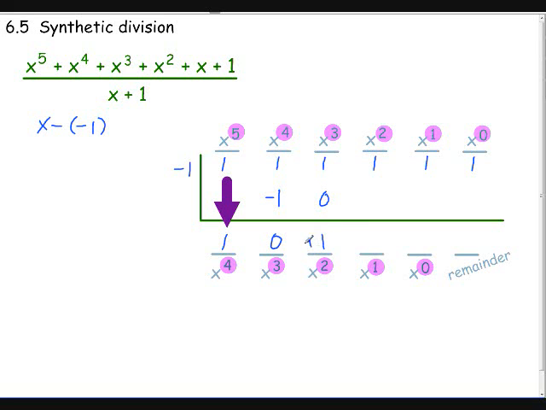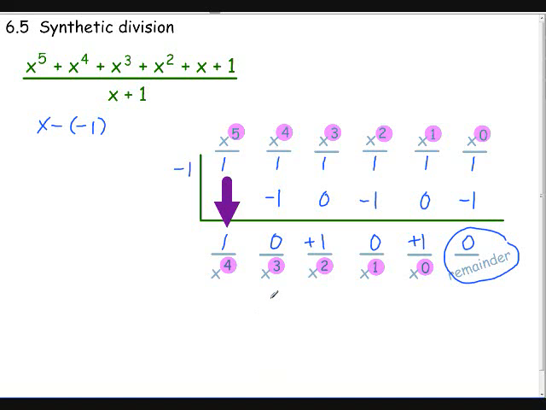Actually, it is a little tricky, isn't it? Product, sum, product, sum, product, sum. I love it. I always feel so satisfied when I get a remainder of 0.